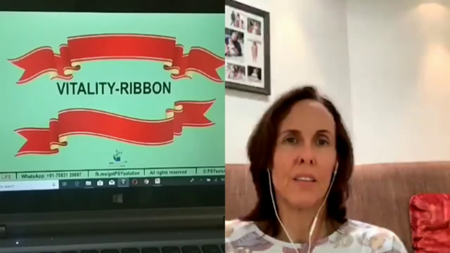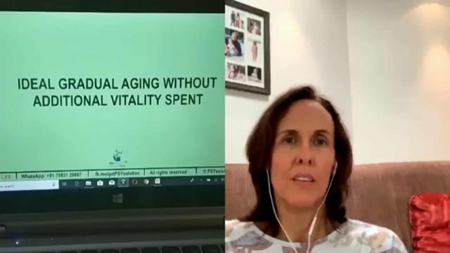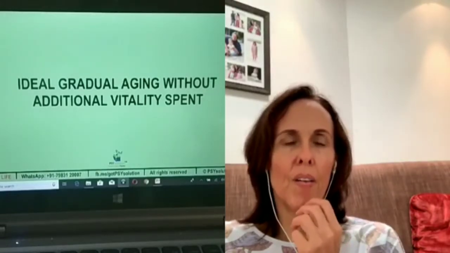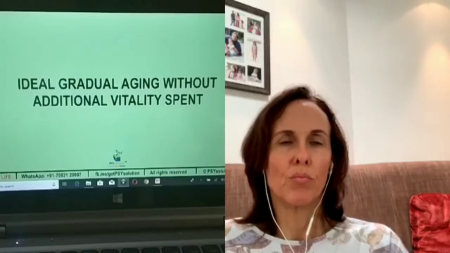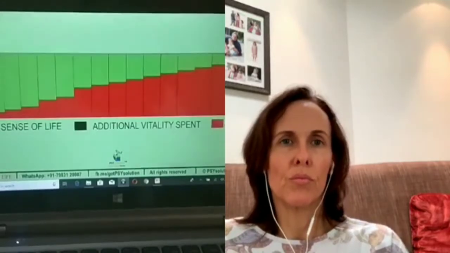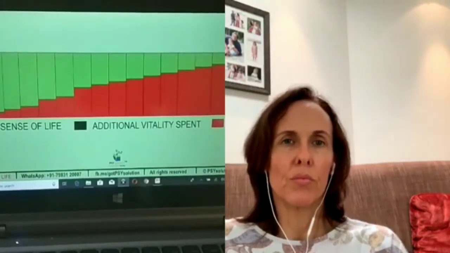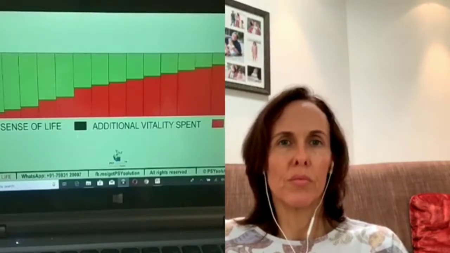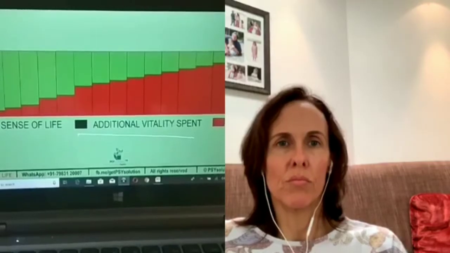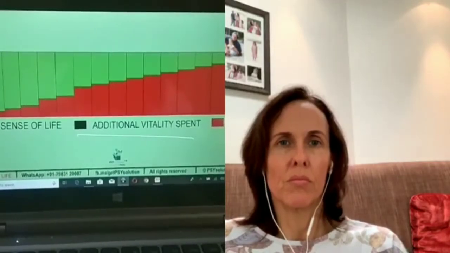Now I'll unfold the concept of the vitality ribbon in front of you. If we consider the ideal aging, which is kind of hypothetical, the ribbon will look like this, where you see there is no black, no additional vitality spent, which, again I'm repeating, is hypothetical.